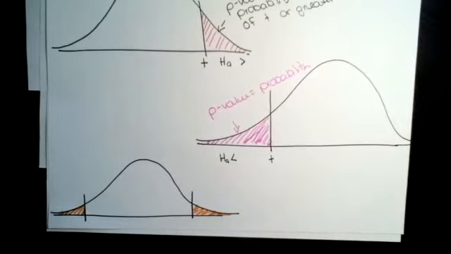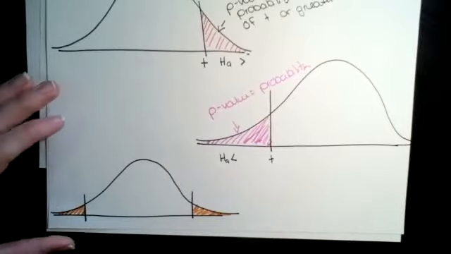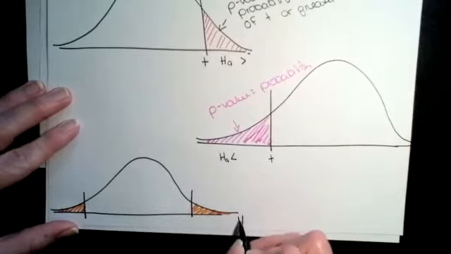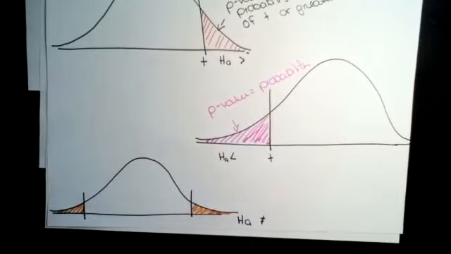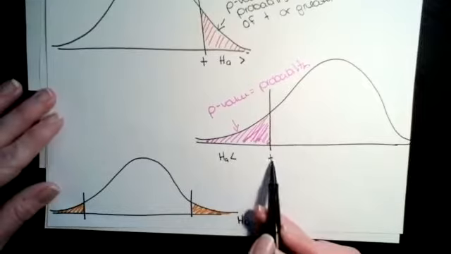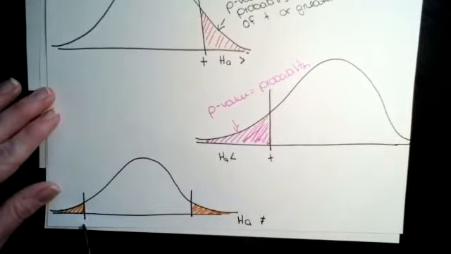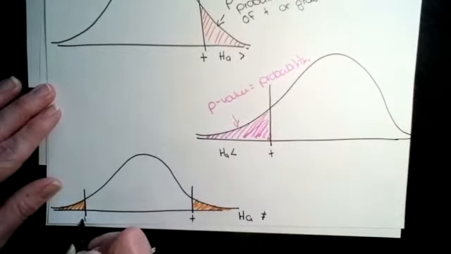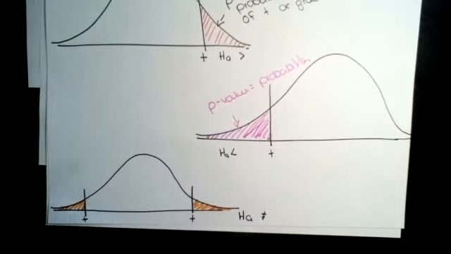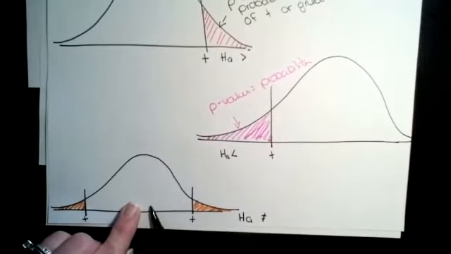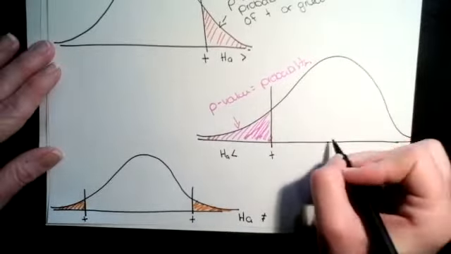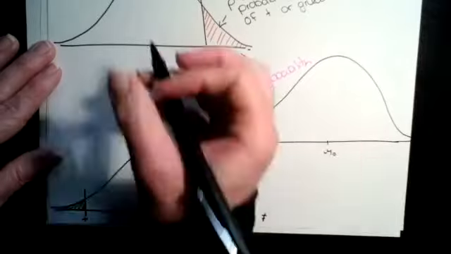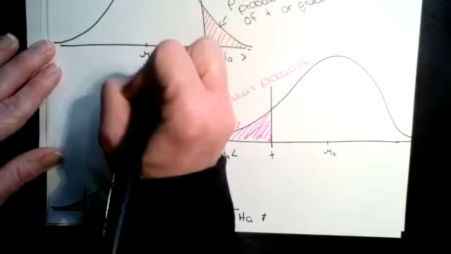What's tricky about this, for this case, when we have HA is a not equals, where it says it's different, my sample, which is t, my t test statistic, will either be here or it will be here, right? It will either be up here or up here. So it depends. If my sample is greater than my center, which is mu naught, and all of these, let me put that in here.